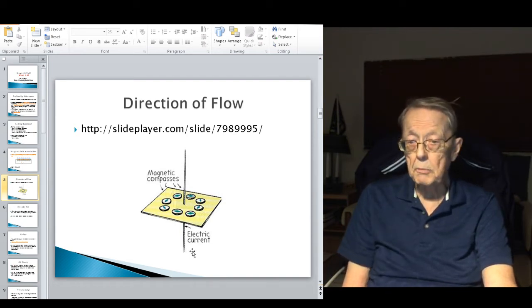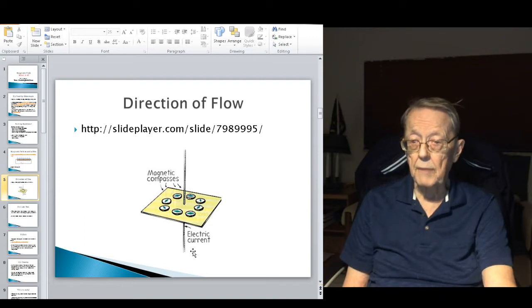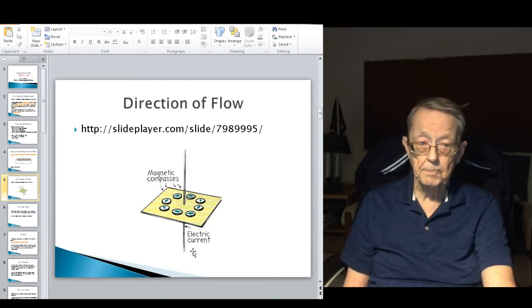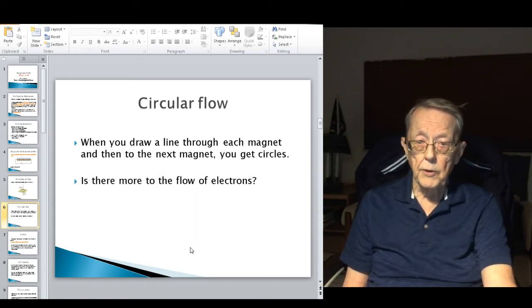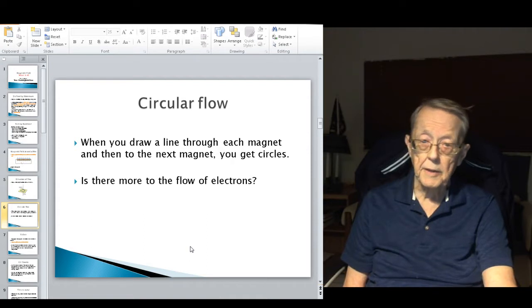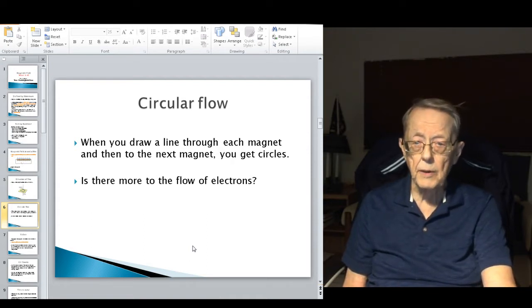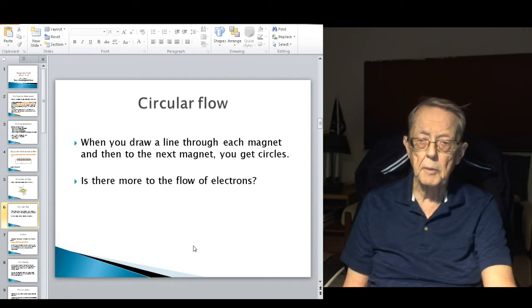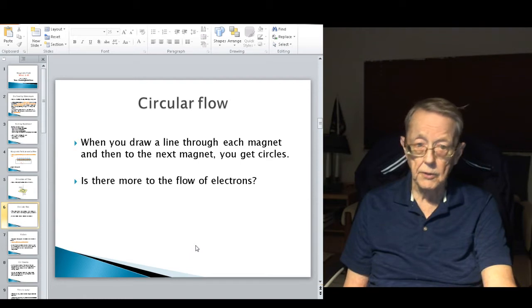Obviously those are moving in circles. When you draw a line through each magnet into the next magnet, you get circles. And I throw out the question, we'll come to it in a minute: is there more to that flow than just circles?